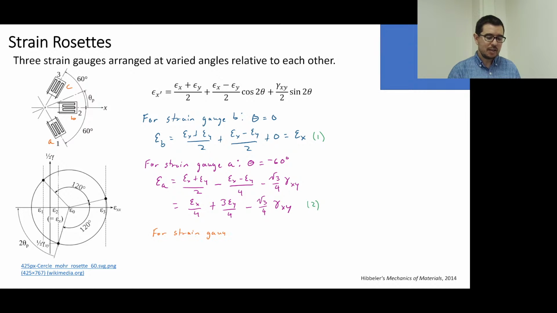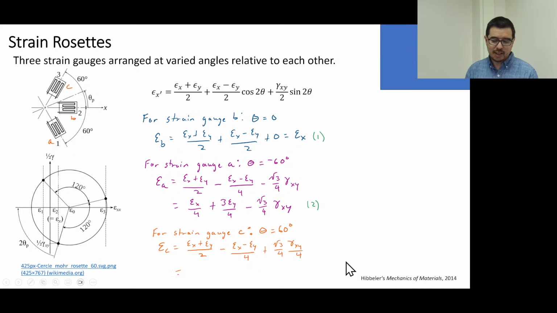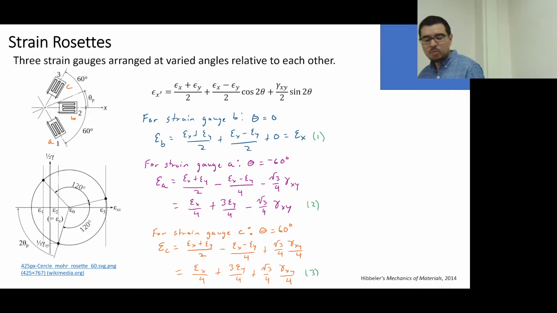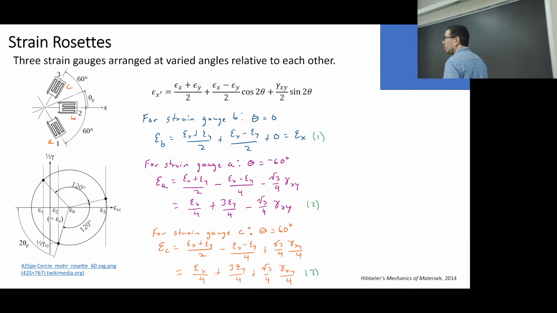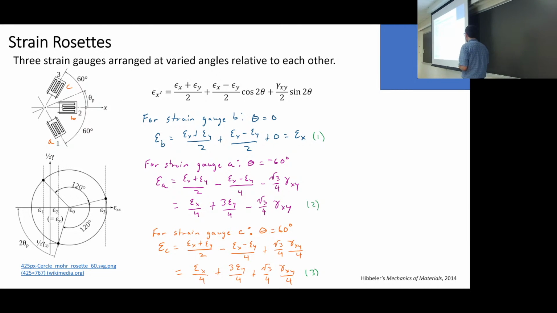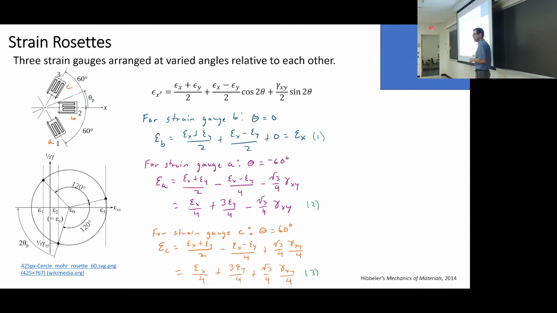And for strain gauge C, again, some moderate yuckiness. That's not a very technical way to describe this, but it doesn't work out as nicely. I don't think I've ever asked an exam question that uses the 0, 60 degree strain gauge. But you get the idea.